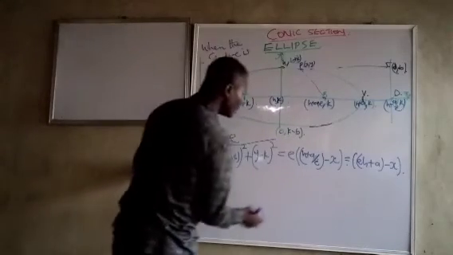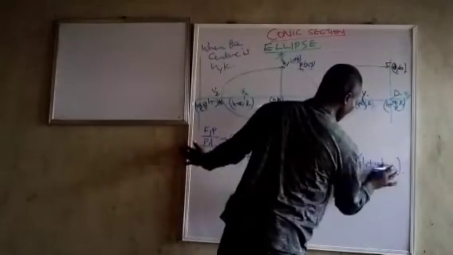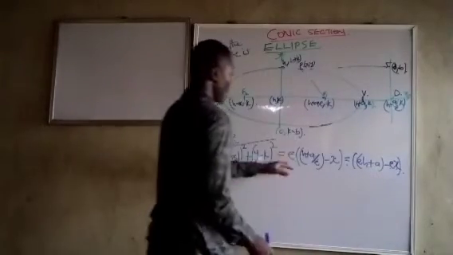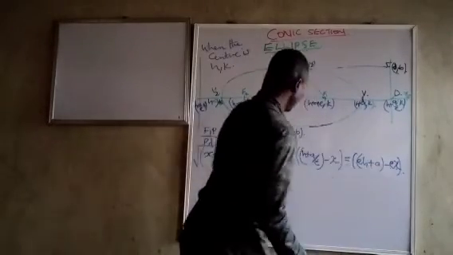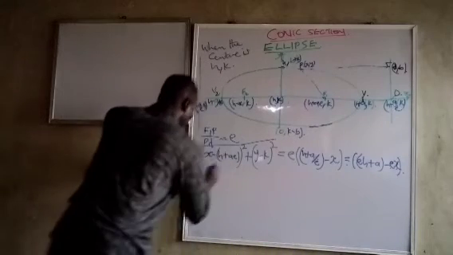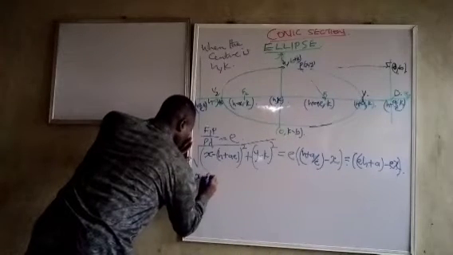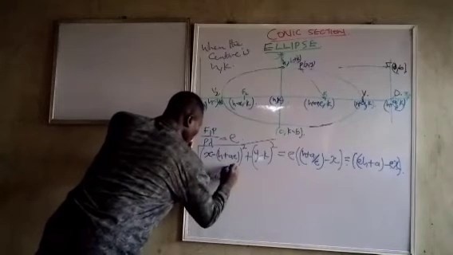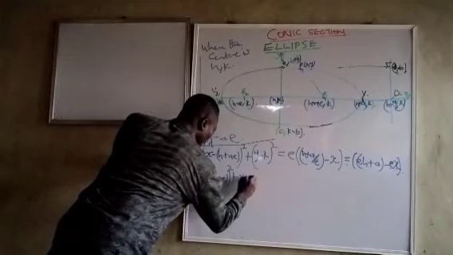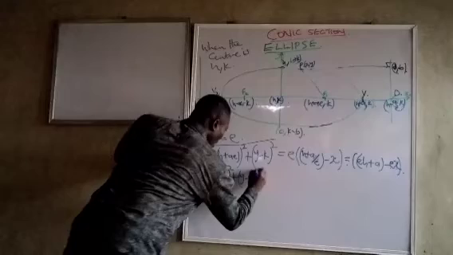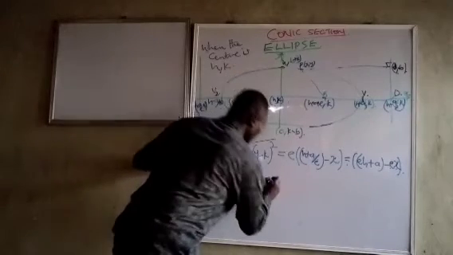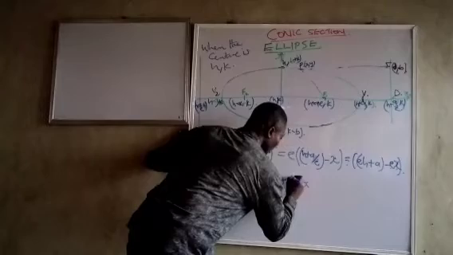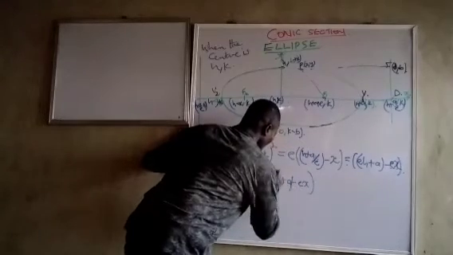Oh, this one should be ex. This one should be ex, please, minus ex. Now, let's square both sides. I have x minus (h plus ae) all squared plus y minus k all squared is equal to eh plus a minus ex all squared.